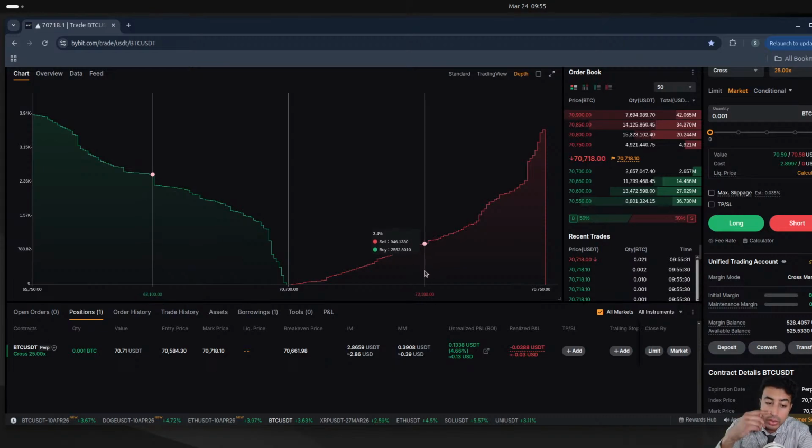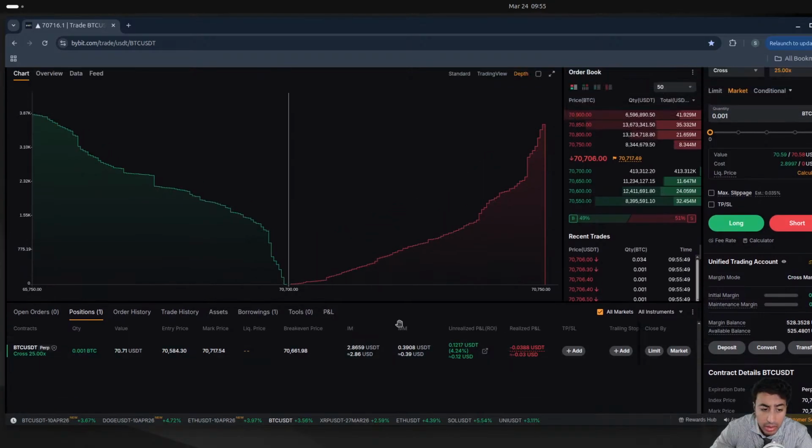I do need to say that I think I marketed into this trade. Let's assume it's like 5 basis points for a market in. That's like $50, right?